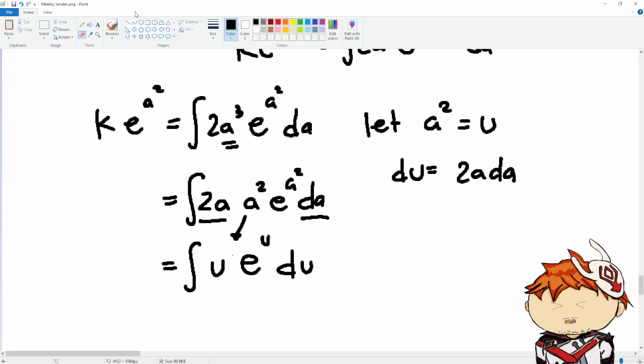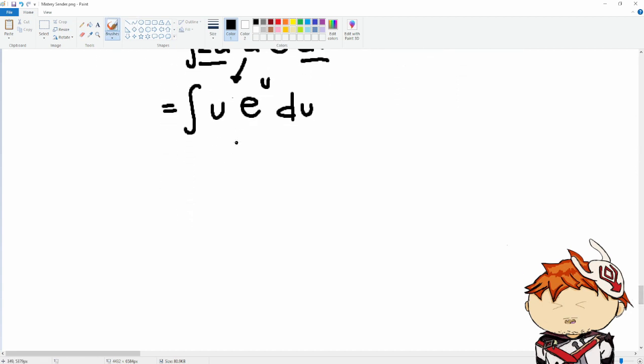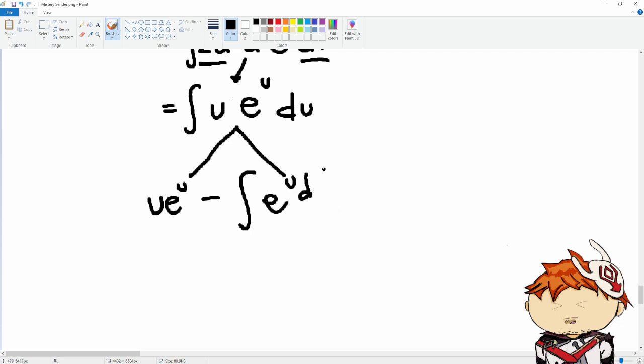Okay, there we go. This is basically what I call the mascot of integration by parts, u dv. So this will become u e to the u minus the integral of e to the u du, and the integral of e to the u du is e to the u.